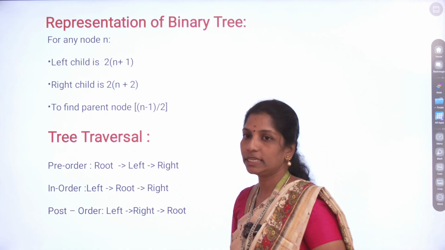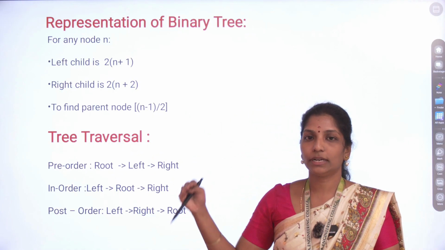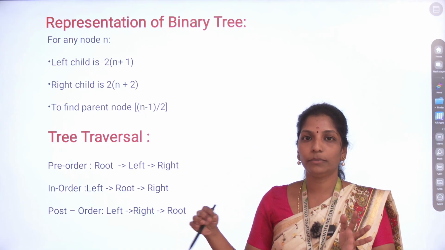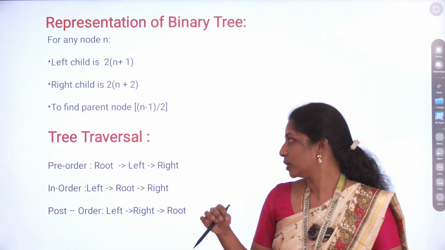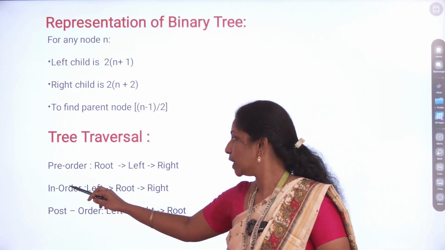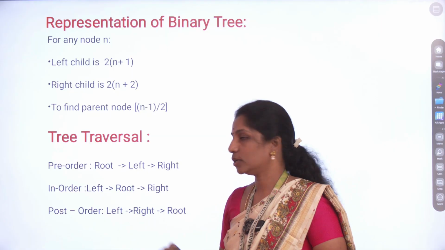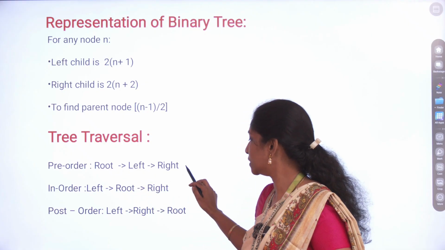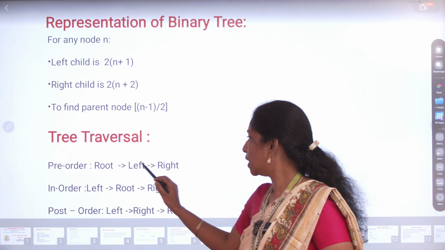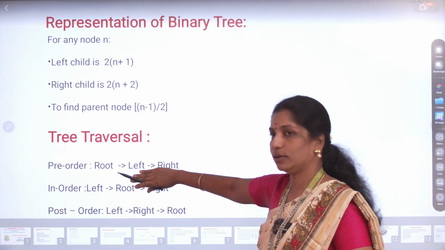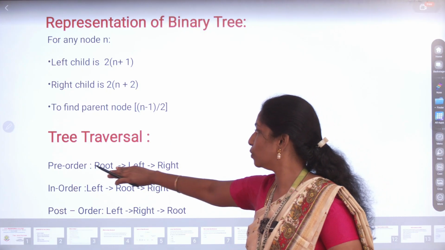Next is tree traversal. How is the tree traversed, from top to bottom or bottom to top? We are going to see. It is classified into pre-order traversal, in-order traversal, and post-order traversal. In pre-order traversal, the pattern is root, left and right: before left and right, the root will be there.